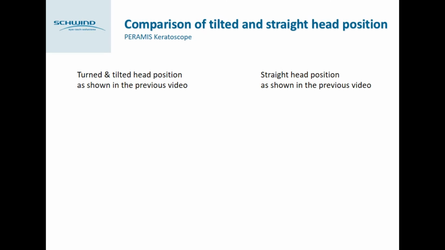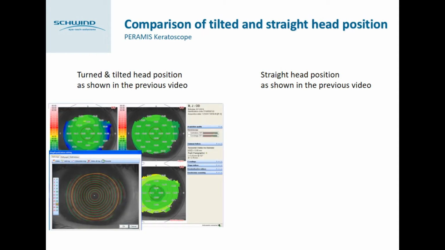The following example shows the amount of Placido rings for a turned and tilted head position, as shown in the previous video, compared with a straight aligned head. As you see on the left picture, where the head was turned and tilted, 18 full Placido rings are projected onto the cornea. This leads to a larger topographic export diameter.